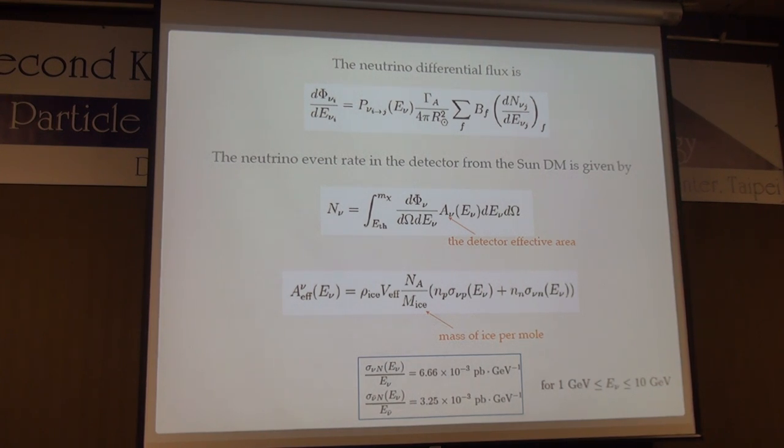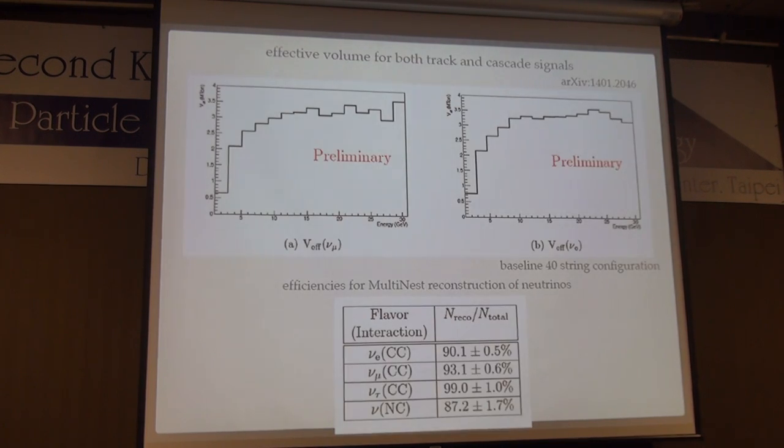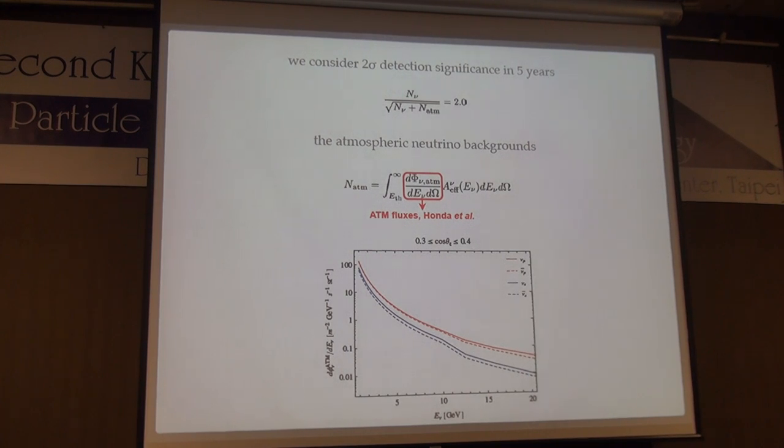And this is the total neutrino spectrum. And these are effective areas. They come to IceCube, and this is the IceCube effective volume for different flavors of neutrino. So this is electron neutrino, this is muon neutrino, the respective effective volumes, and this is the efficiency for different flavor neutrinos. We're just using these numbers. And that's the background from the atmosphere. We assume 5 years to significance.